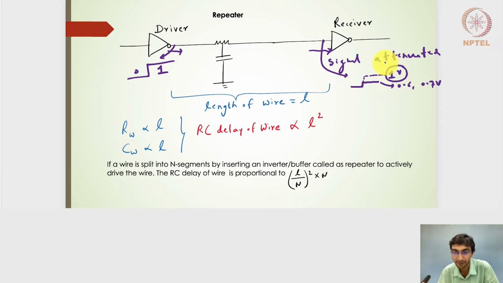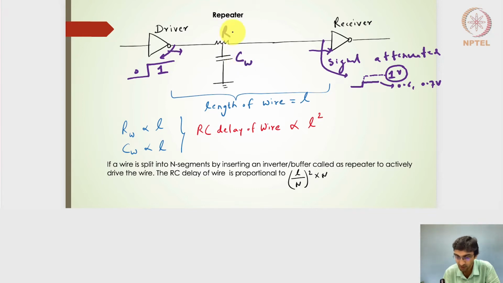so that you get the expected signal level. Now in this particular schematic, what I've shown is a long wire connecting the two inverters, one is the driver and another one is the receiver. And L is the length of the wire. The wire or an interconnect can always be represented in the form of an RC circuit, with a distributed resistance and a distributed capacitance.